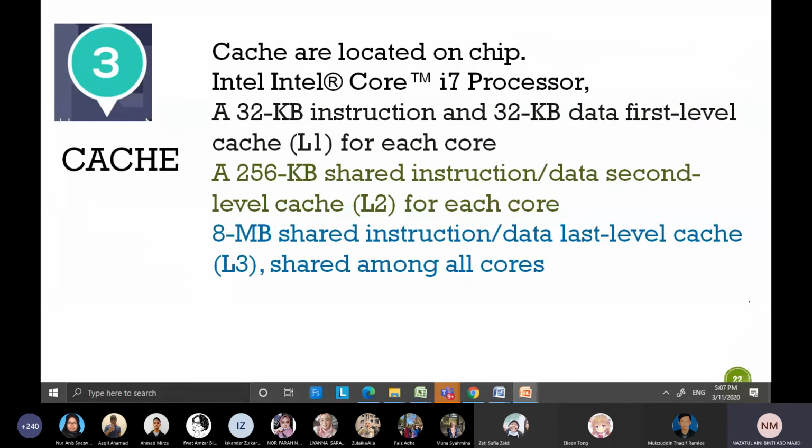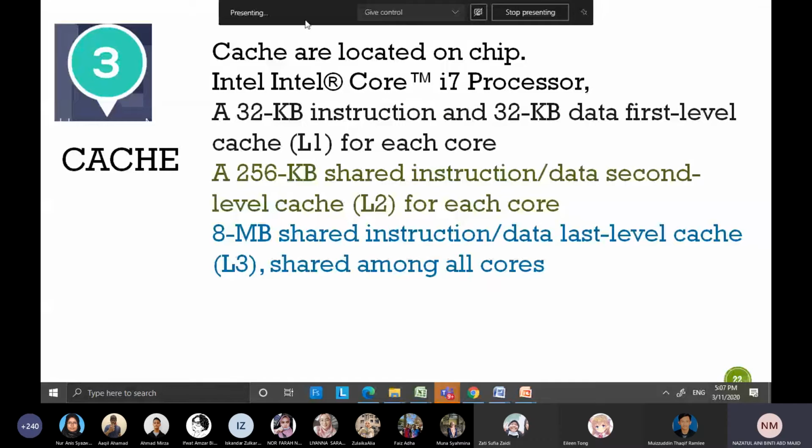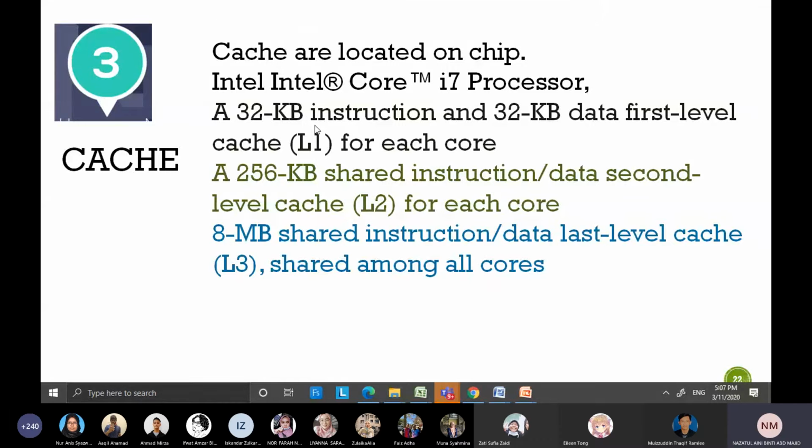Okay, where is the location of the cache? It is in the CPU, as I said before, and it can be many levels. As we can see here, it can be level 1, level 2, level 3.